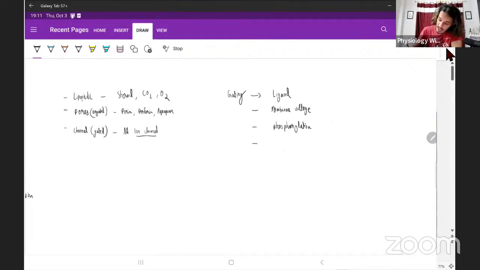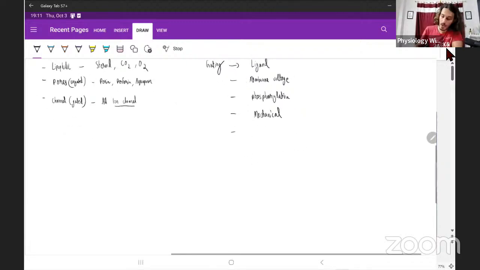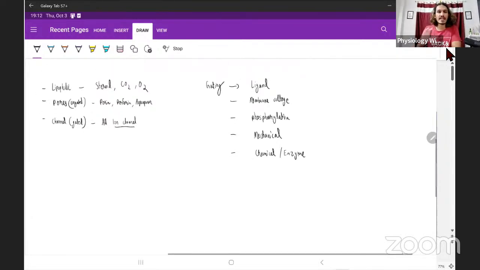It can be mechanical in nature, or even some sort of chemical or enzyme. So different forms of gating are there.